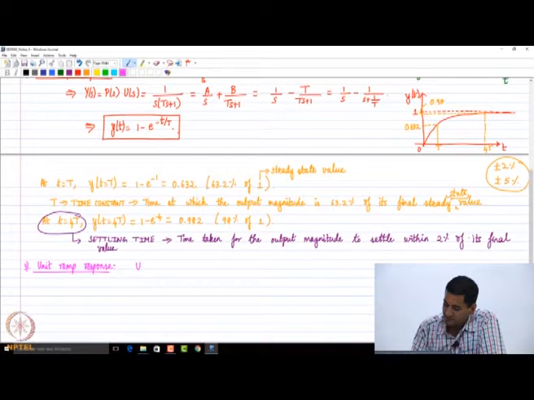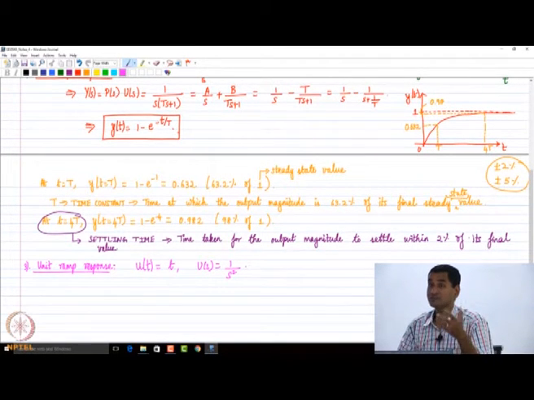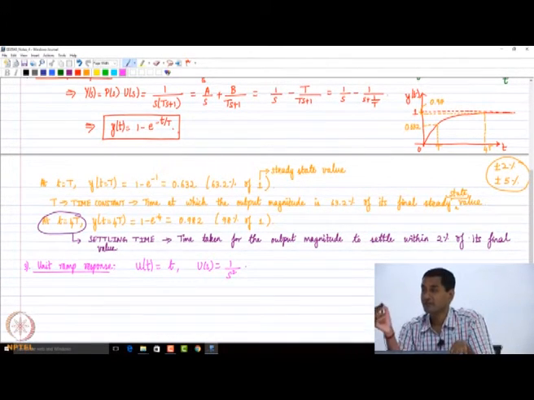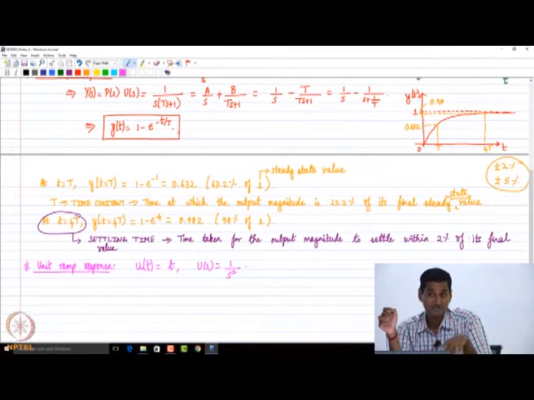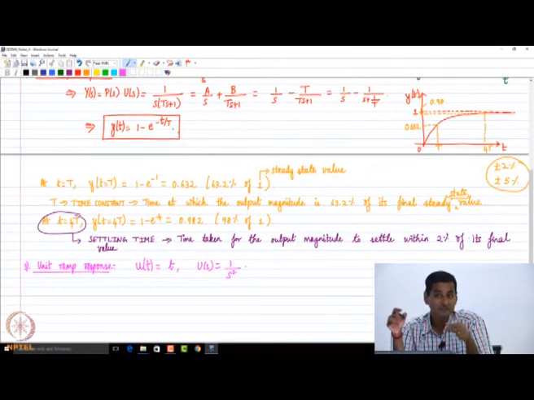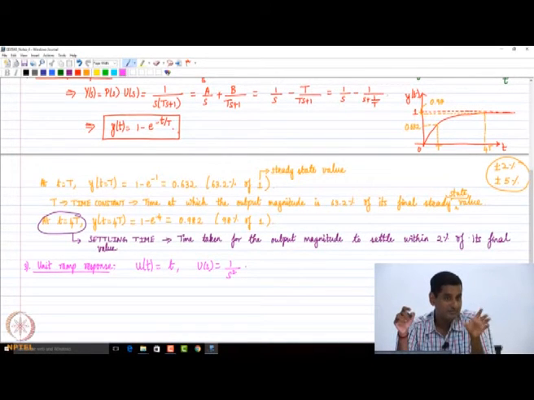So unit ramp response means u of t is t, U of s is 1 by s squared. By the way, all of you should know this terminology by now. In your quizzes and exams, I am not always going to draw block diagrams and write mathematical functions. Many times I will use English words, so you need to interpret from those English terms what I am asking for.